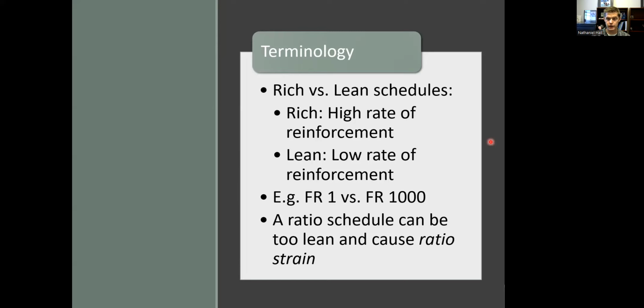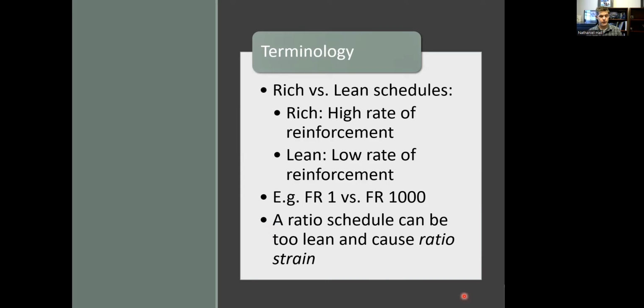Where that ratio strain occurs can be very individualistic, right? The amount of work the animal is willing to put in under extinction conditions or without getting the reinforcer can differ from one animal to another. But if you're paying attention to what is your schedule of reinforcement, particularly the ratio of how much search behavior is required to find a target odor, that is a good example.